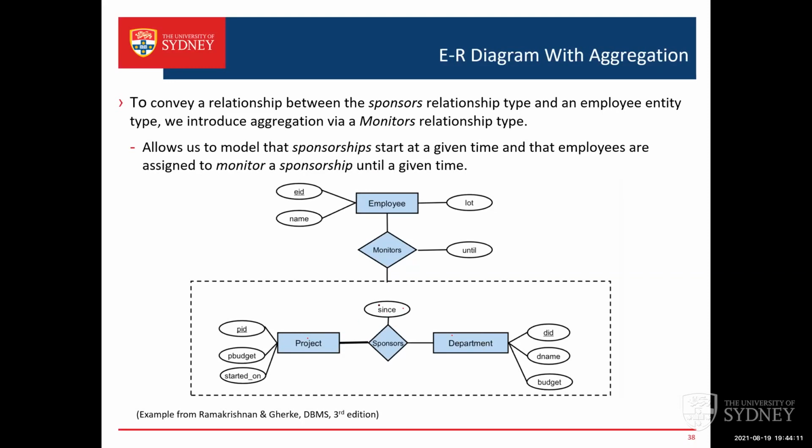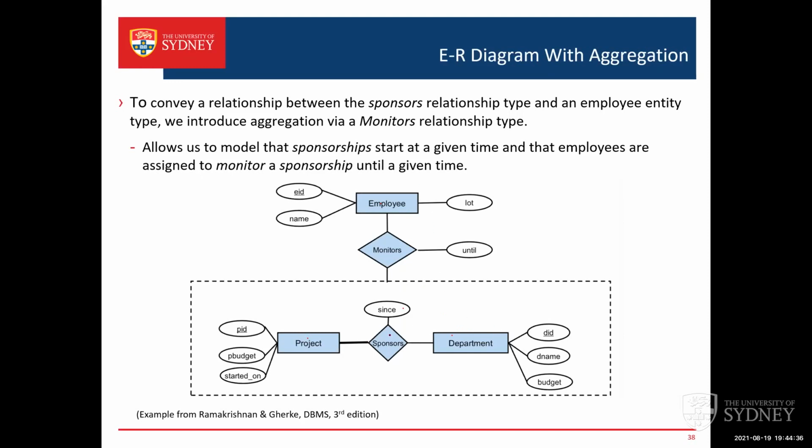I want to store this attribute. And only for employee and project, not for employee and department, I want to know until when the employee can monitor this project. So if we put until and since into this sponsor table, that will be for every relation, right?